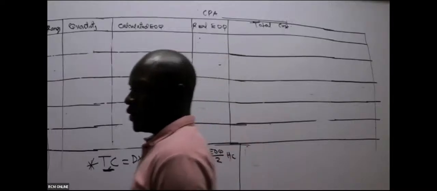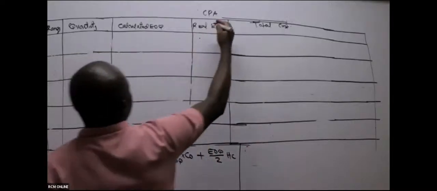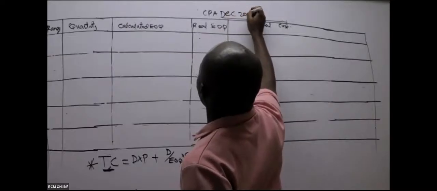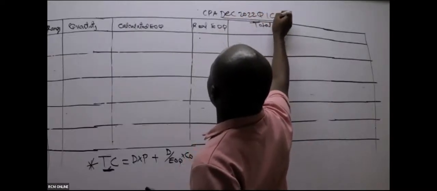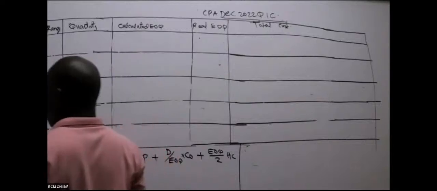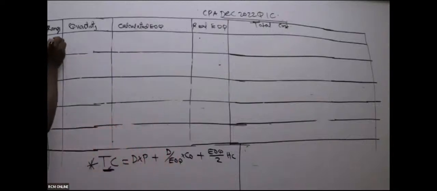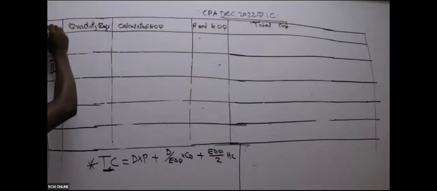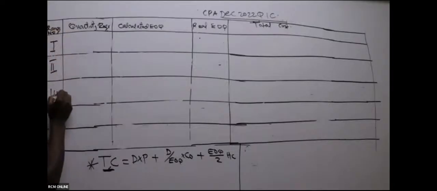So this time around, CPA December 2022, question number 1C. A given range: range number 1, range number 2. Here we have the quantity range. Range number 3, range number 4, range number 5.